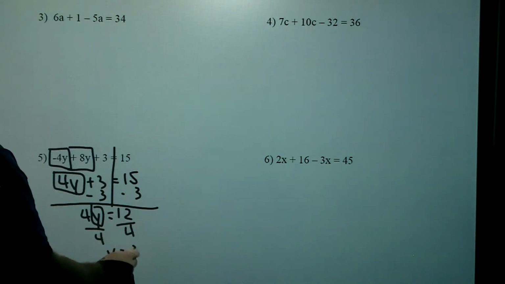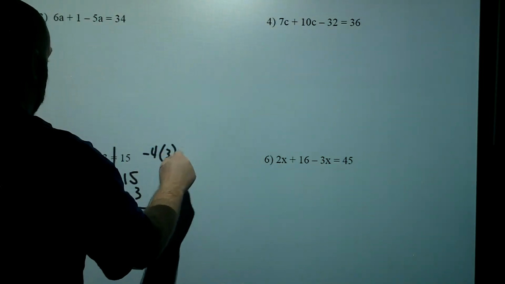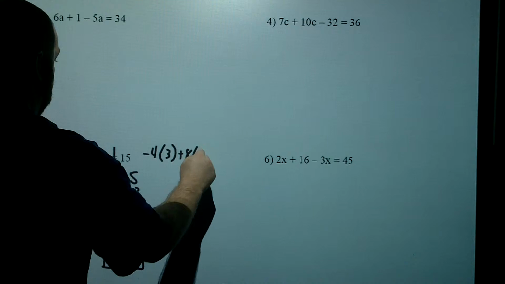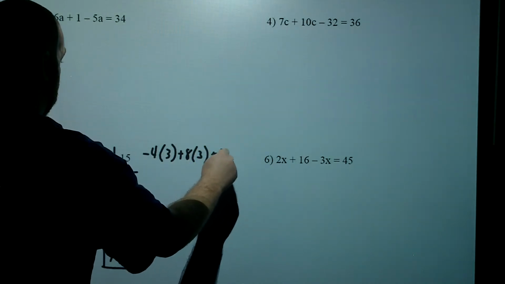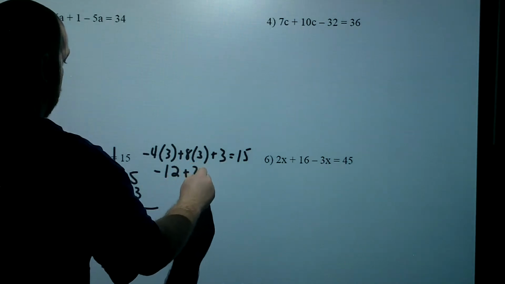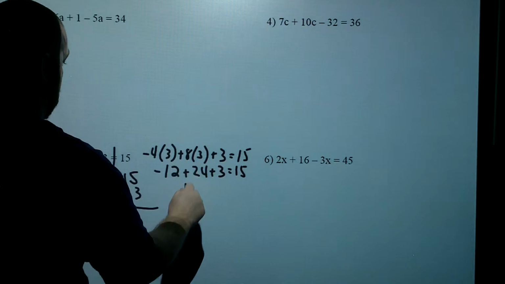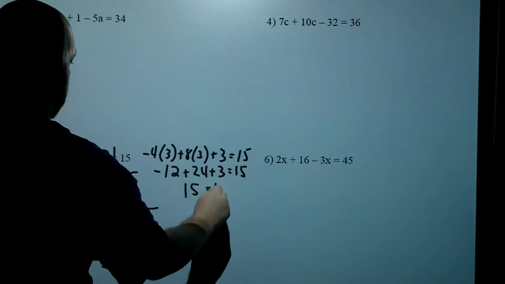Y equals 3 is the answer that I get. So I plug it in up here, negative 4 times 3 plus 8 times 3 plus 3 is 15. Negative 12 plus 24 plus 3 is 15. And if you notice when you use your calculator, 15 equals 15 is true.